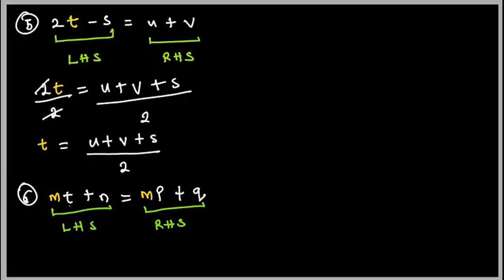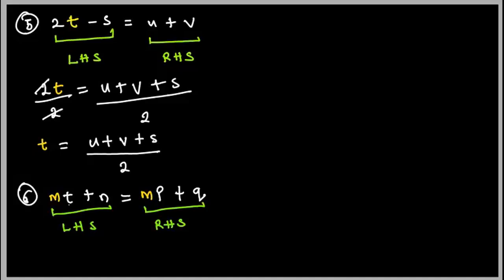You have to make m the subject, but m is found on both sides. As you can see, we have m on both sides of the equation. So there's no point rearranging, because even if you rearrange, you still have m on both sides.